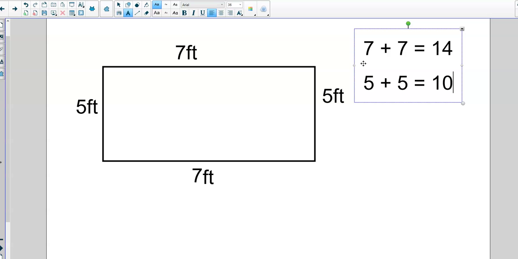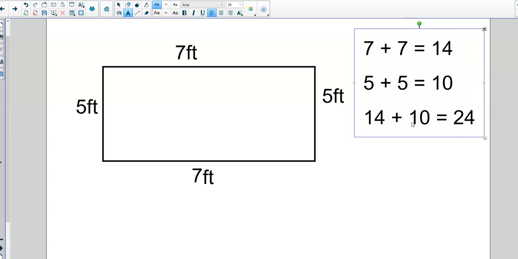So 5 plus 5 equals 10. Now remember, I'm not done. What is my third step going to be? My third step is going to be to add together the 14 plus 10, and that equals 24.